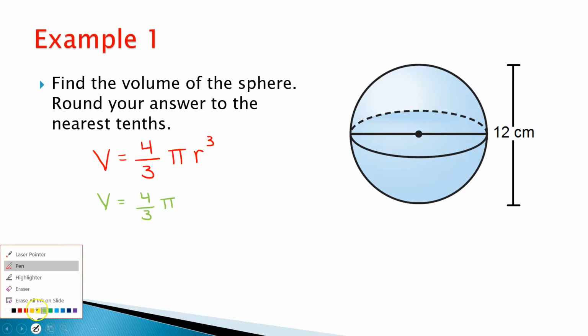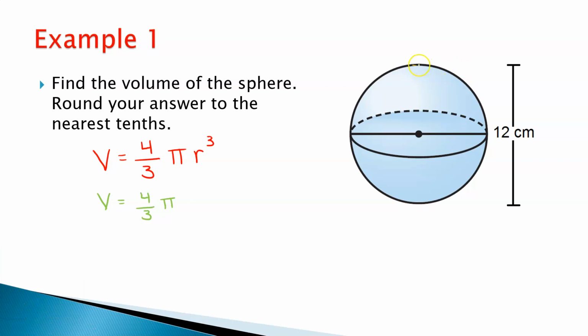Well, the way that we can find radius, take a look. They said from the very top of the sphere to the very bottom, that measures 12 centimeters. Unfortunately, that is not the radius. That is the diameter. So what is my radius going to be? It's from the center to the outside. Really, we only want half of that height of that sphere.